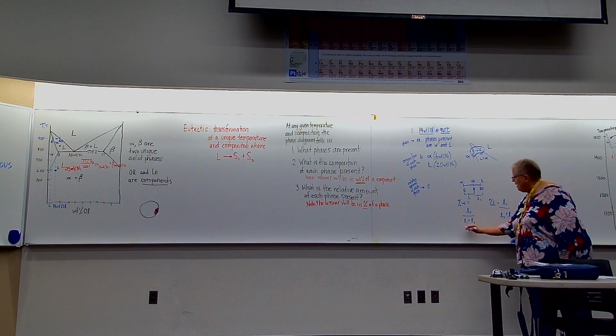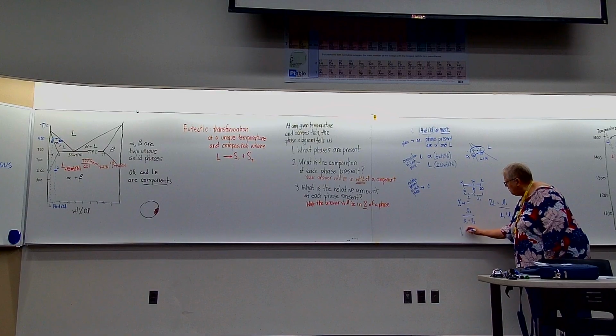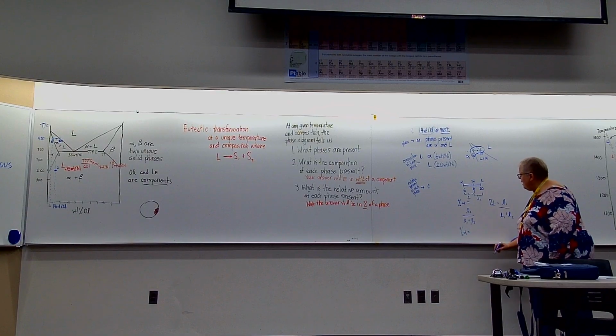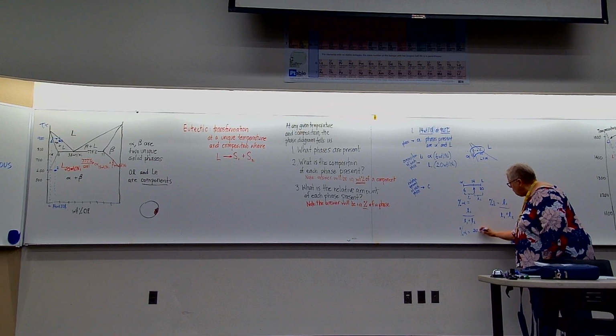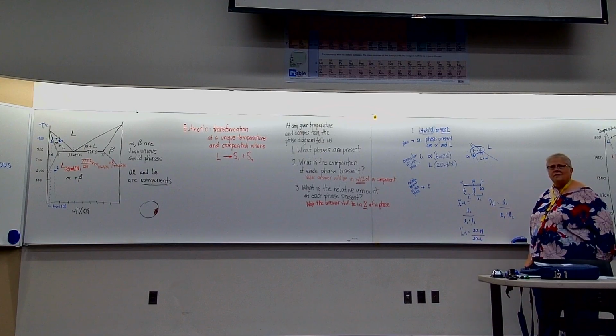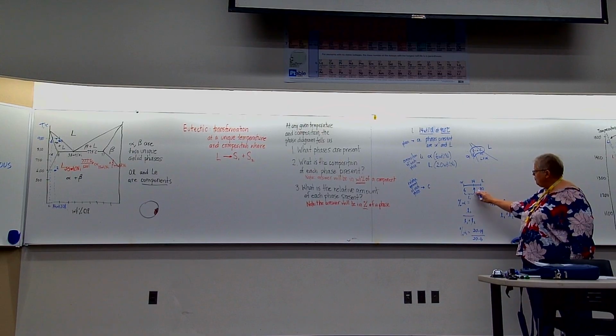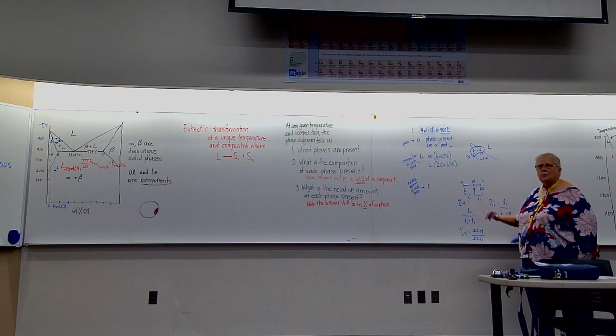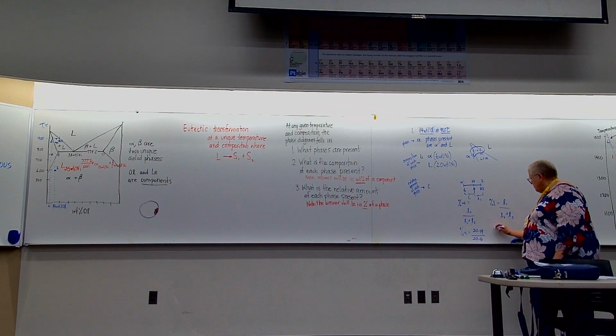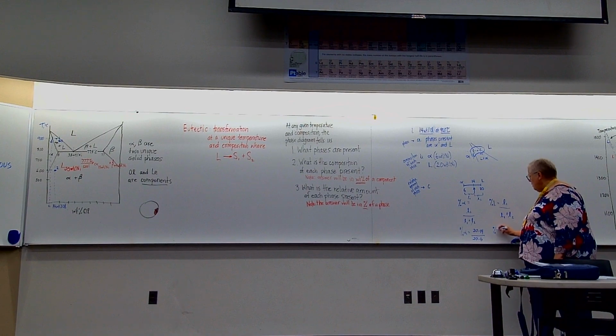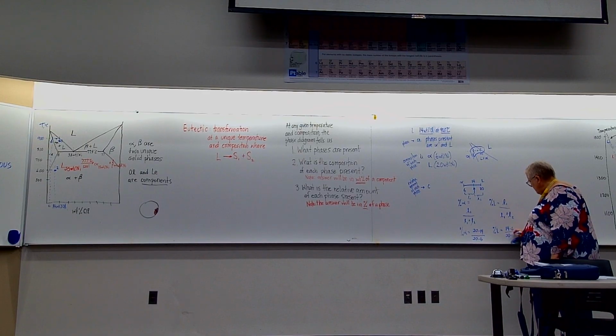So the percent alpha I could say is 20 minus 14 over 20 minus 6. The opposite side, 20 minus 14, over the total length, 20 minus 6. And the percent liquid is 14 minus 6 over 20 minus 6.